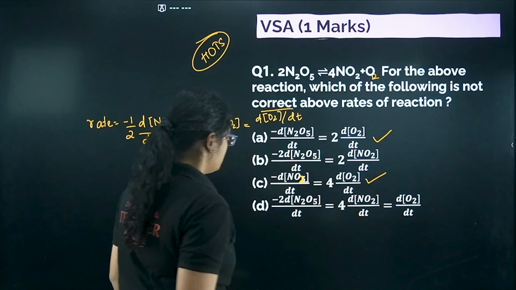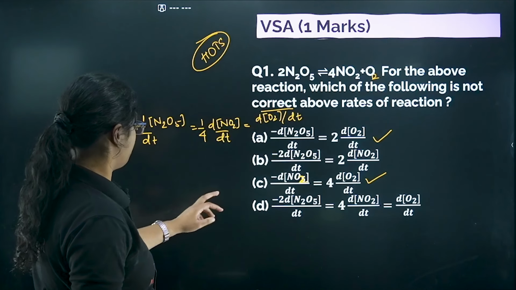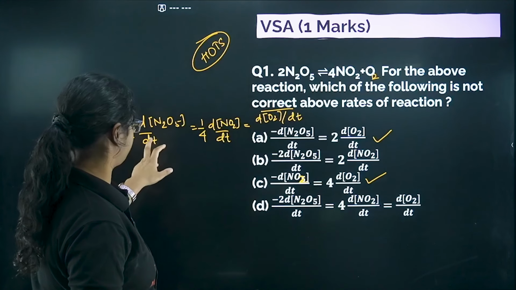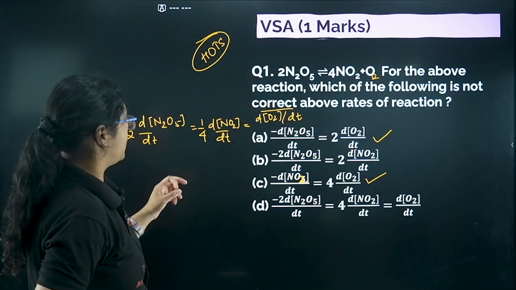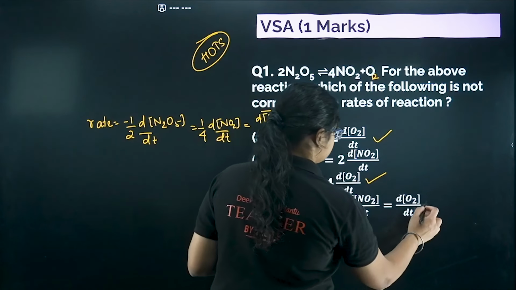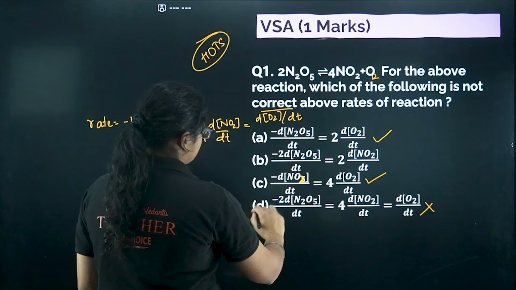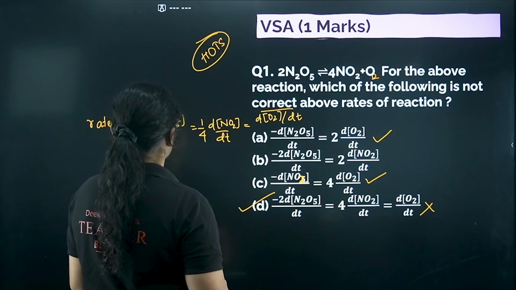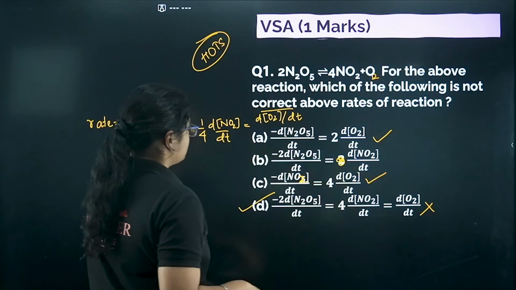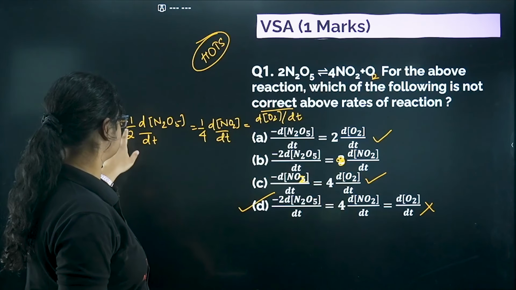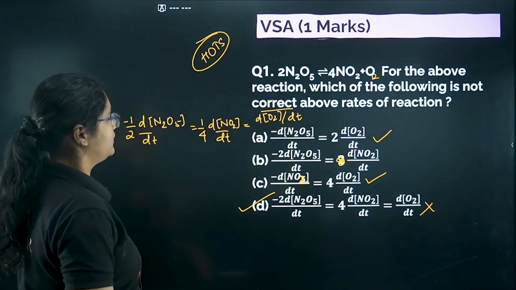Here is a small typing error, this is dNO2. This is also correct. Next, minus 2 dN2O5 by dt is equal to 4 dNO2 by dt is equal to dO2 by dt. No, this is actually wrong. The inverse should be taken. So option number D is the incorrect one. Here the question has been slightly changed, this 2 is not there. So minus dNO2 by dt is equal to minus 2 of dN2O5 by dt. This is also correct.